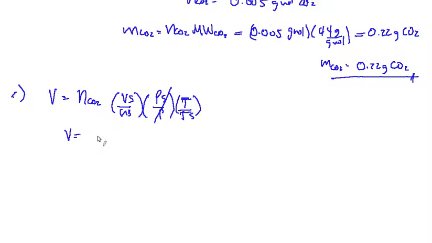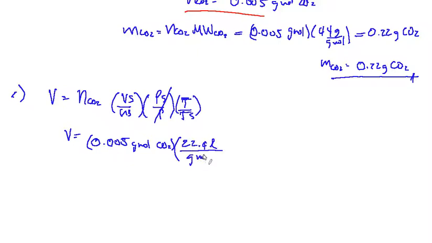And for CO2 it was 0.005 gram-moles of CO2 times how much volume do we occupy? 22.4 liters per gram-mole. And the temperature, it's 37, the one of the body, plus 273, which is the standard.